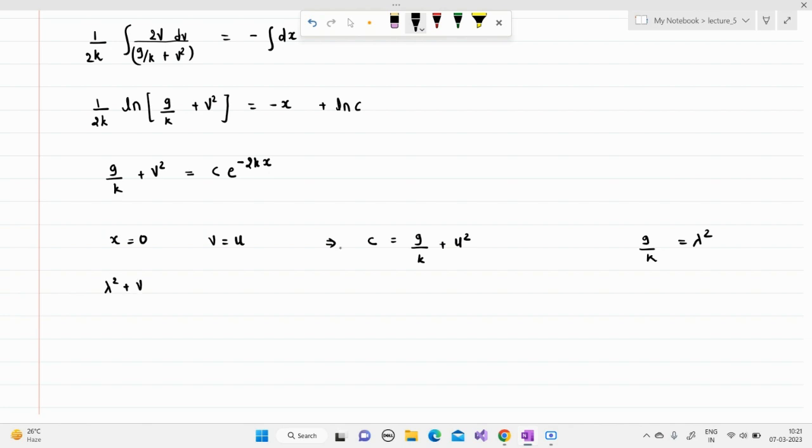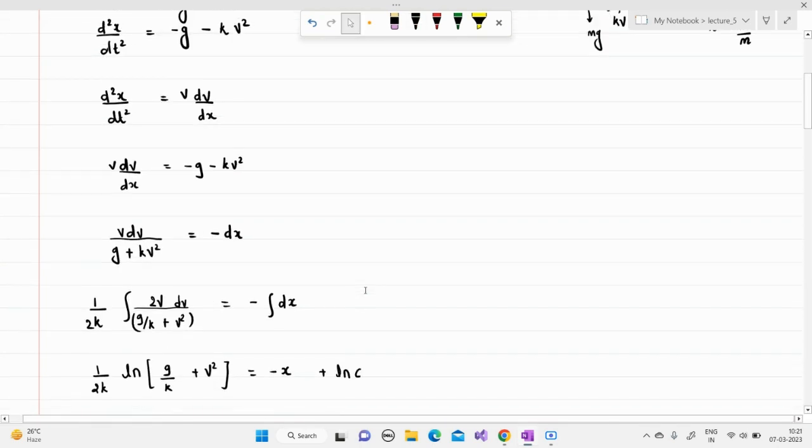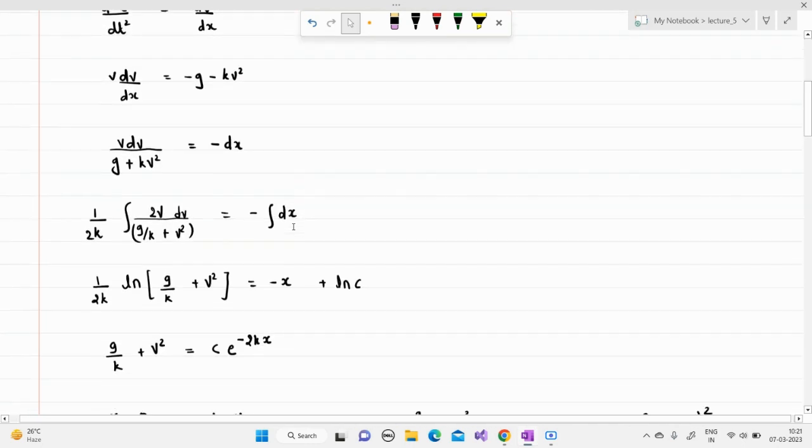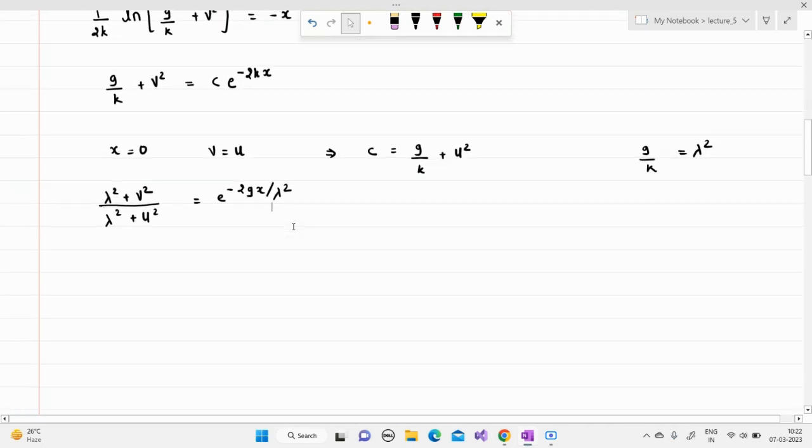Lambda square plus v square upon lambda square plus u square is equal to e to the power minus 2gx by lambda square. Okay, now we wanted to determine the height to which the body will rise.